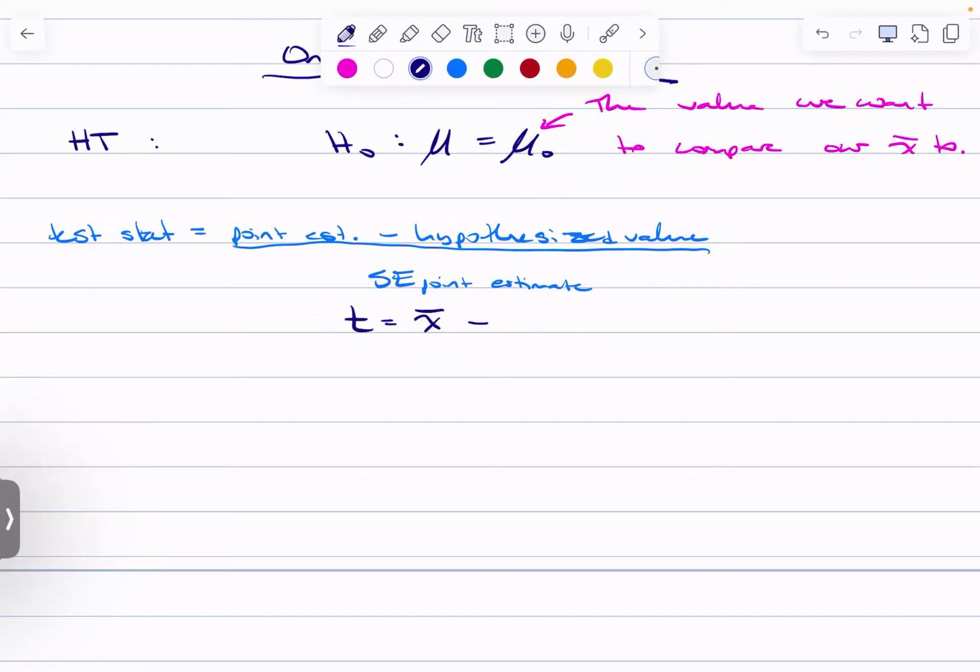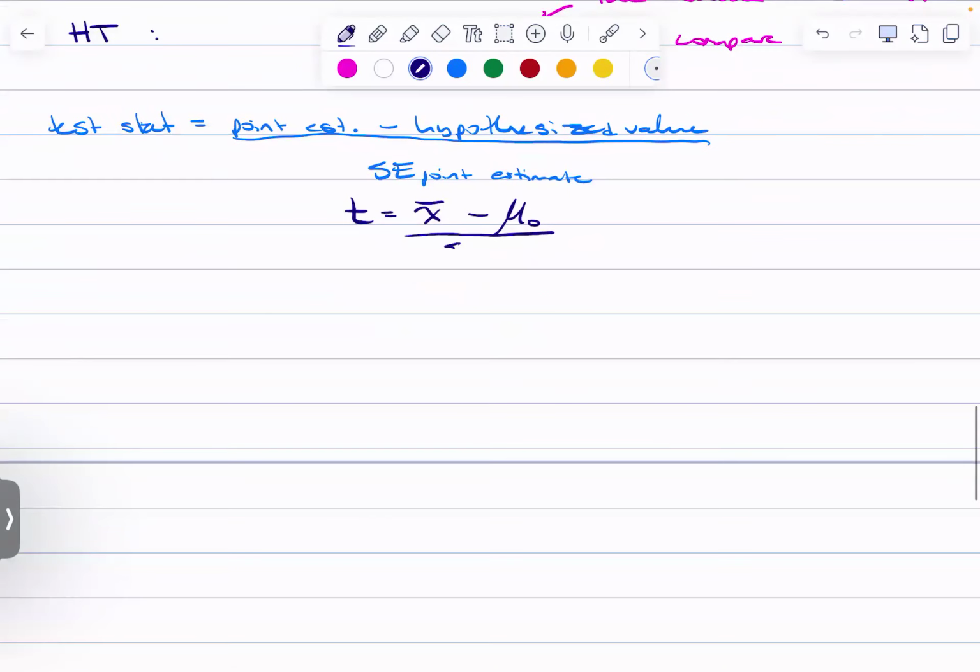How far is it from my hypothesized value, mu naught? Taking into account the spread of my point estimate, which is the standard error of x bar, which we just said was s divided by root n. So your t is going to be calculated this way.